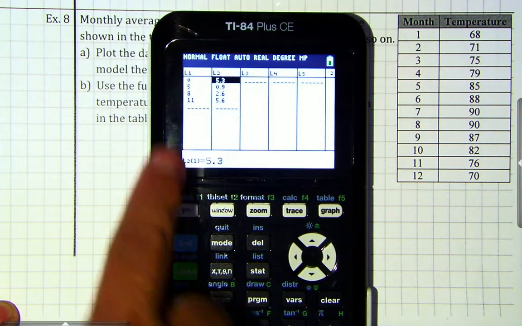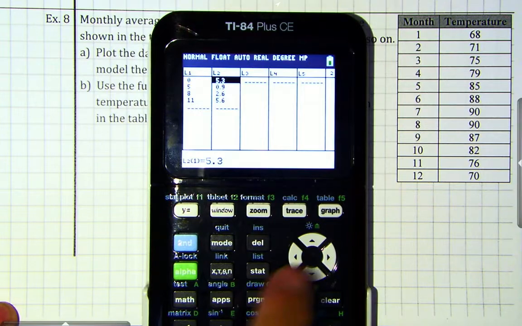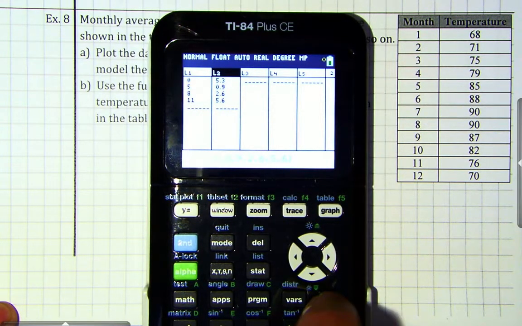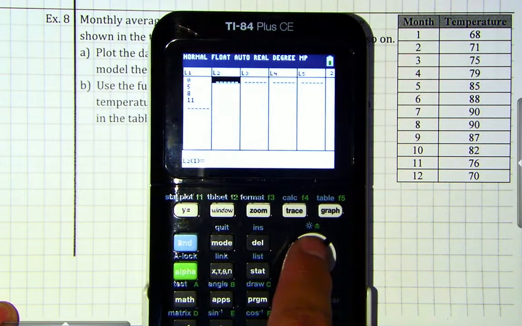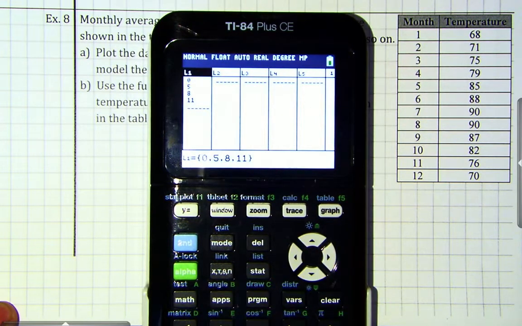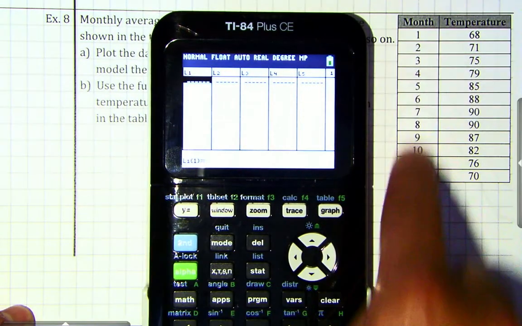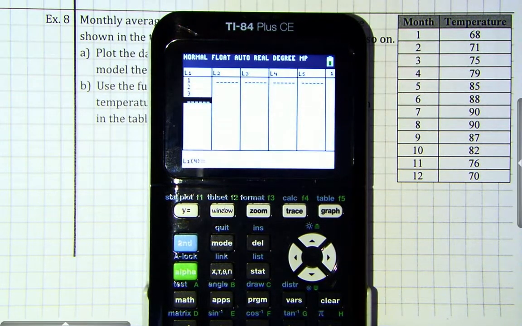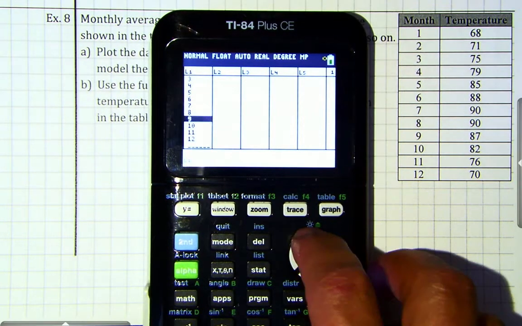Now, if you have points or values in here, I can just go all the way up and press on clear, and then enter. I'm going to do the same thing for L2, clear, enter, it'll clear for you. So now the L1 list 1 will be your month, list 2 will be your temperature. So just go through the process and type everything in. Good.